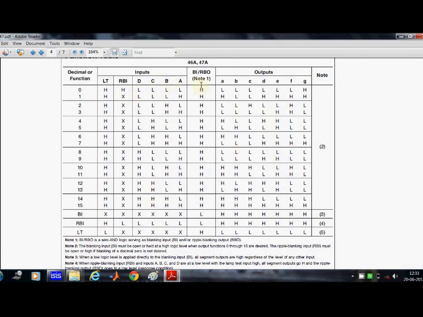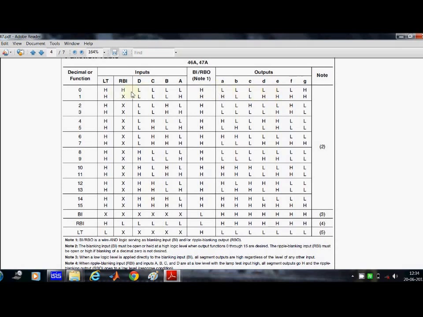Next, we must give the blanking input high as well, otherwise we will get all the pins high, that is, we will not see anything, because it's a common anode display. When there is a low into the terminals of the 7 segment LED, then only that particular segment glows up.